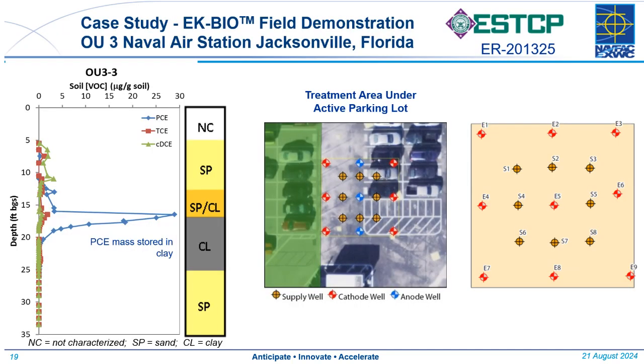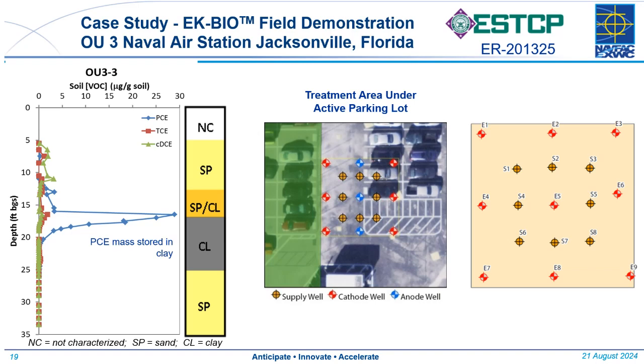A case study was done at Naval Air Station Jacksonville as part of an ESTCP project. This was a site where we had a persistence of PCE, tetrachloroethene. It was stored in a clay deposit some 19 to 23 to 25 feet below ground surface, and that profile on the left-hand side shows in the gray where that coincides with the high PCE concentrations.